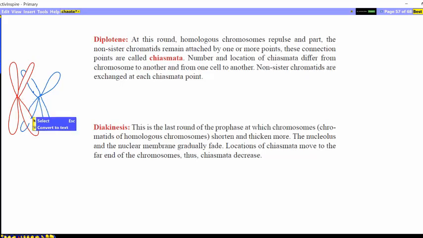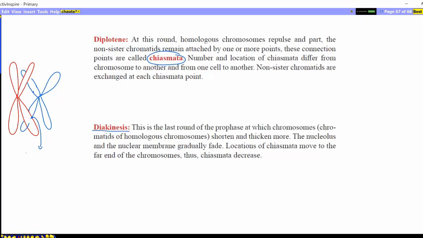The connection point between non-sister chromatids, we call what? Chiasmata. The number and location of chiasmata differ from one chromosome to another; in some chromosomes maybe only 2, maybe 4, maybe 5 or more. Non-sister chromatids are exchanged at each chiasma point, which we call crossing over.